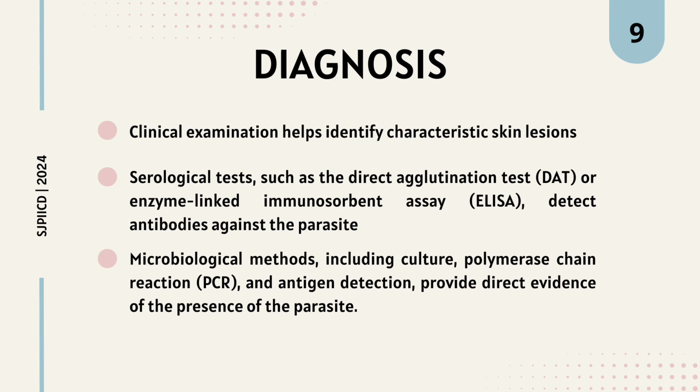Clinical examination helps identify characteristic skin lesions, while serological tests, such as the direct agglutination test or enzyme-linked immunosorbent assay, detect antibodies against the parasite. Microbiological methods, including culture, polymerase chain reaction, and antigen detection, provide direct evidence of the presence of the parasite.